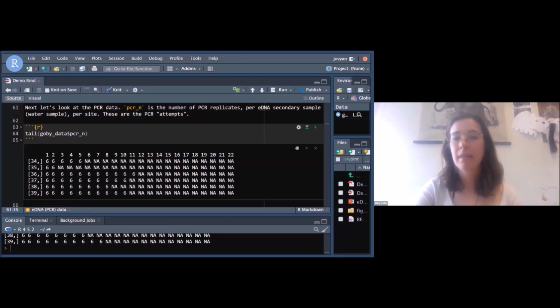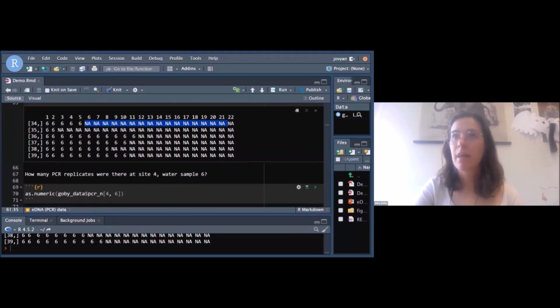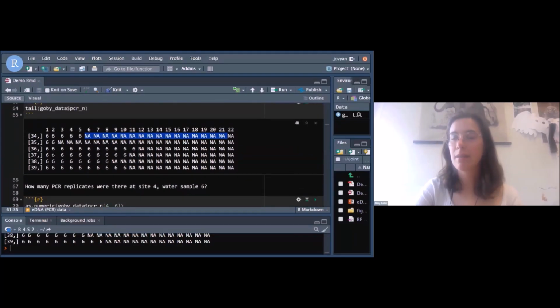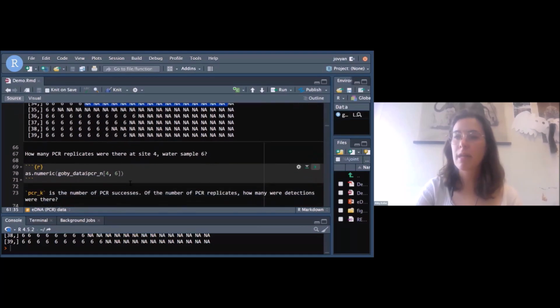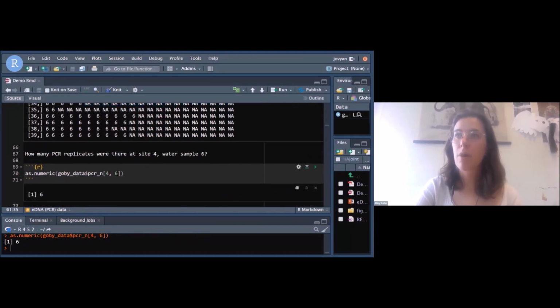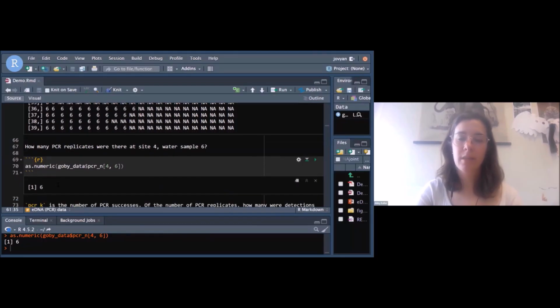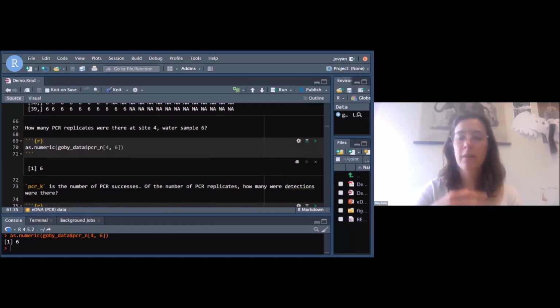We're indicating the fact that the number of water samples collected per site is uneven across the landscape, so we're filling in these empty spaces with NAs. And 6 is the number of replicates for most of these samples. So let's say we're looking at site 4, water sample 6. There were 6 PCR replicates in that water sample. Those were the number of attempts.